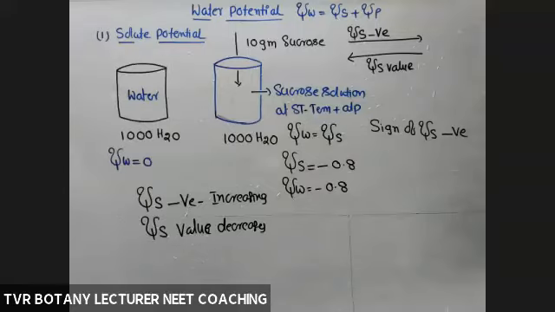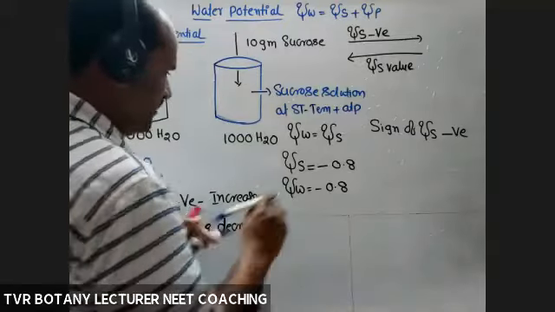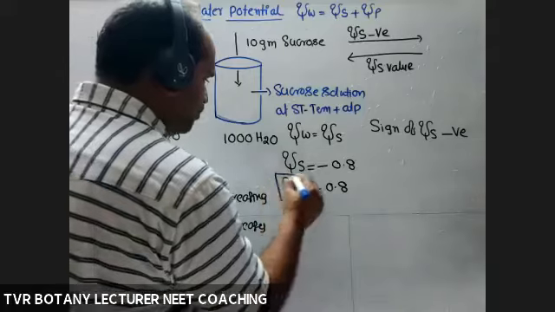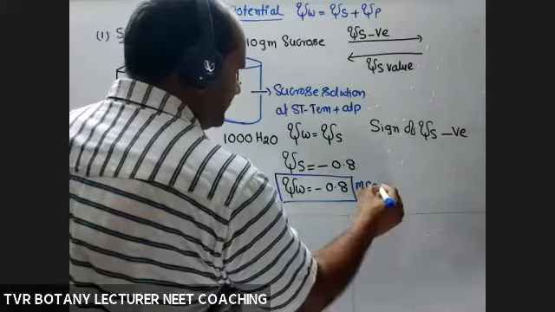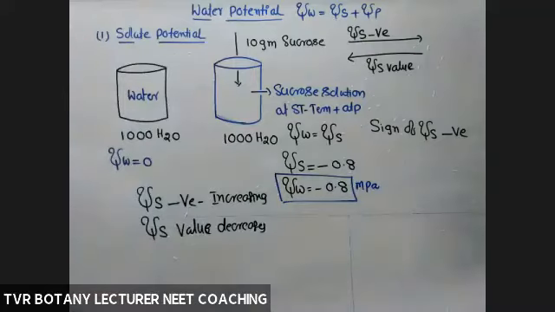So in this case, the psi W value is minus 0.8 megapascals. A negative value increased means its value declined, right? So that is about solute potential.